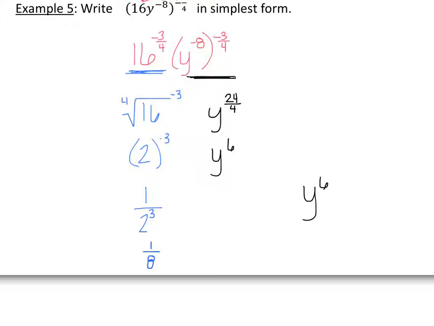Y to the 6 times 1/8, or just y to the 6 over 8. If you use the decimal, the decimal would come in front. But really, we've been avoiding decimals. Any questions? Okay.